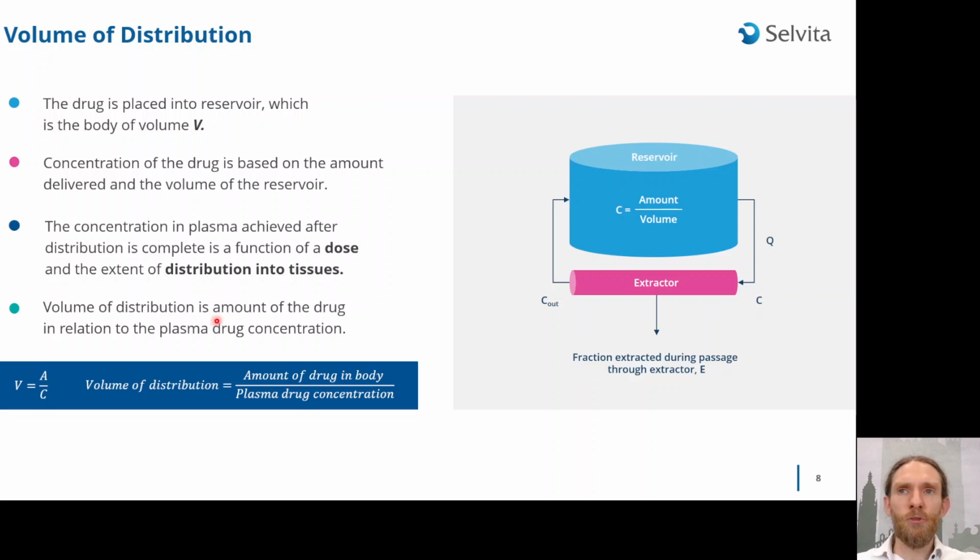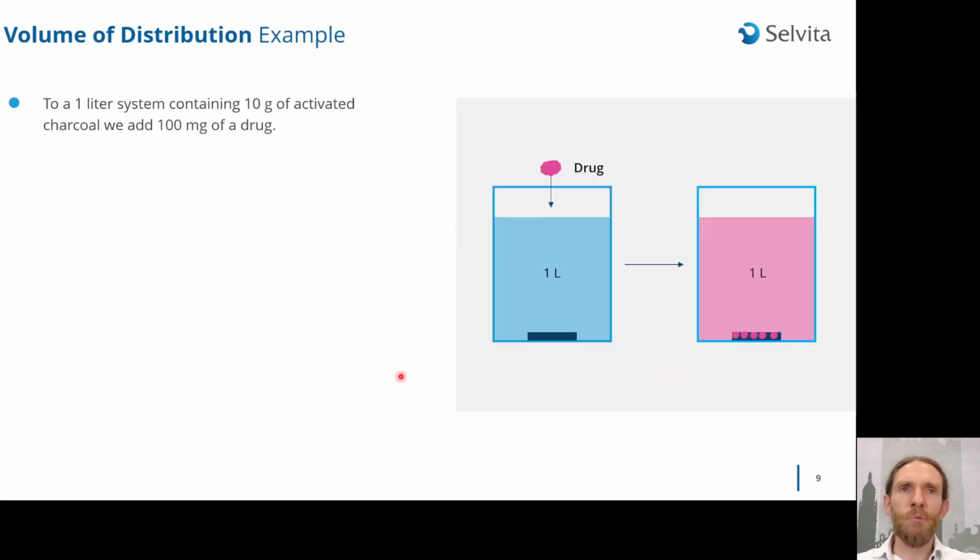So volume of distribution is the amount of drug in relation to the plasma drug concentration. And by that definition, it is the amount of the drug in the body divided by the plasma drug concentration. And here we have a simple example that will illustrate this concept.